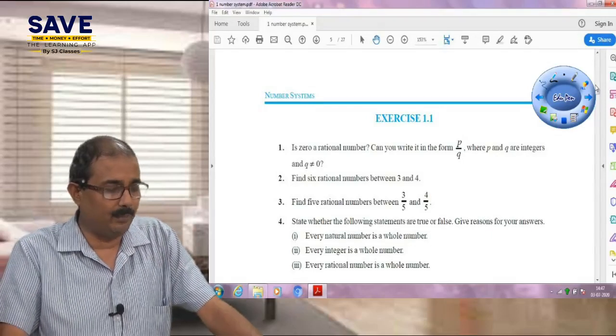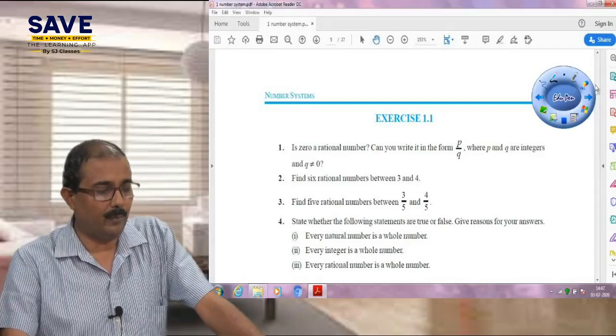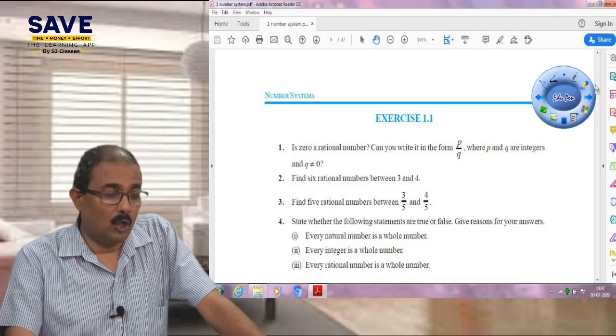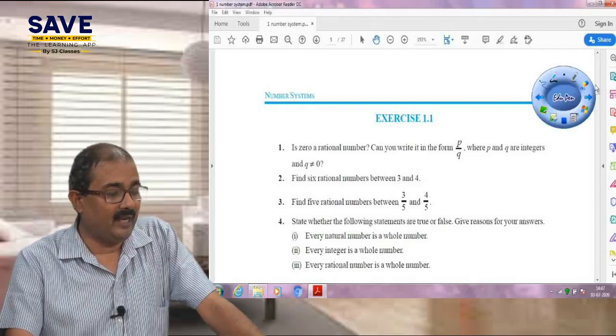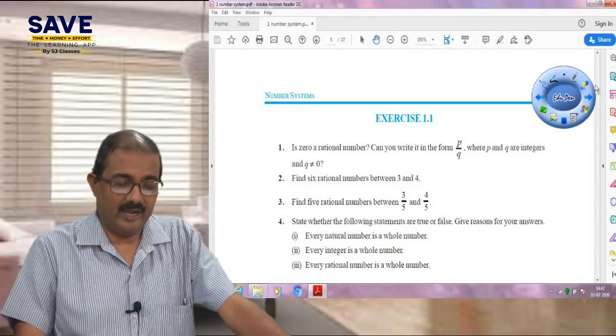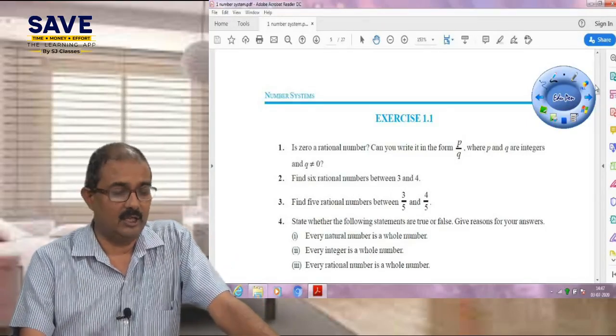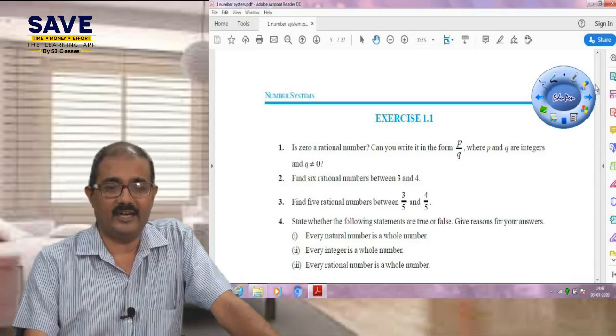In your NCERT book, question number 1 of exercise 1.1 asks: is 0 a rational number, that is, can you write it in the form p upon q, where p and q are integers? Yes, students, 0 is a rational number. Why?